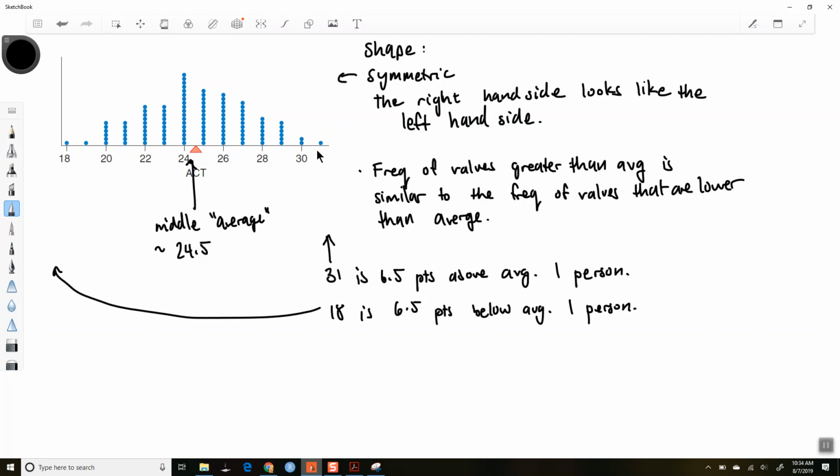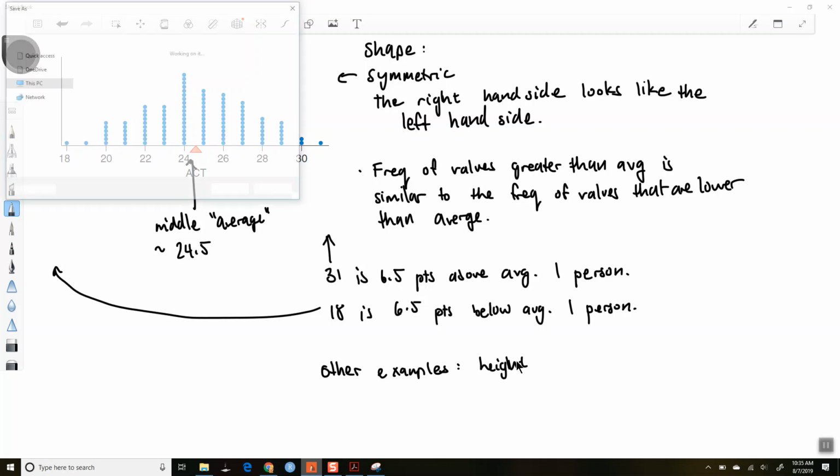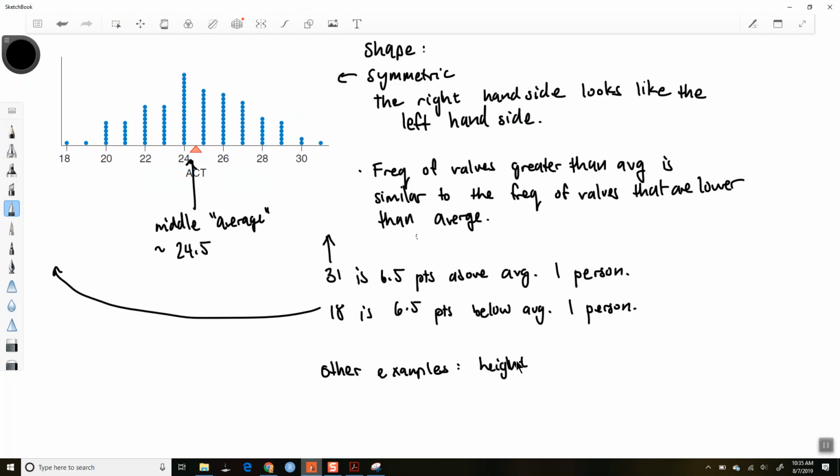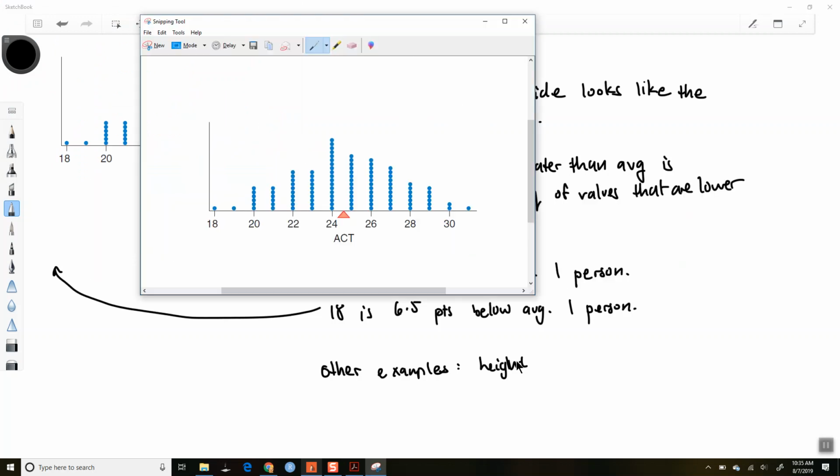So that's something that's symmetric, right? Other examples will be height, or all of these skeletal measures, like your head circumference or your arm length or whatever, and they're all similar in that regard.